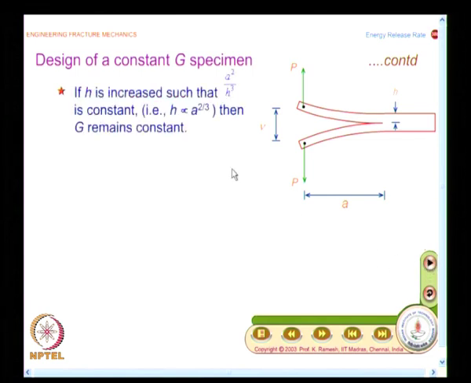What we should do is, for G to remain constant, increase H in a fashion such that H is proportional to a power 2 by 3. So, I vary the H, though it appears like a nonlinear expression, in reality if you look at the dimensions and substitute, it is more or less like a straight line.